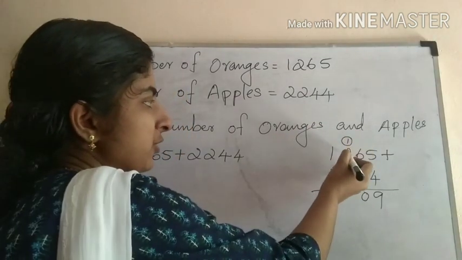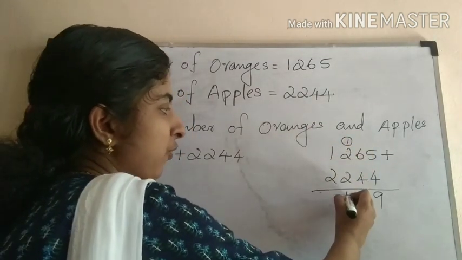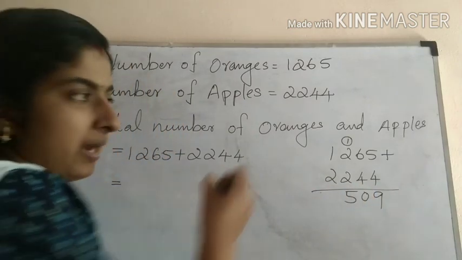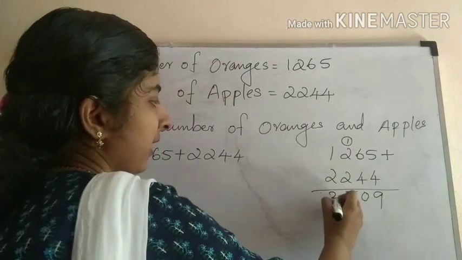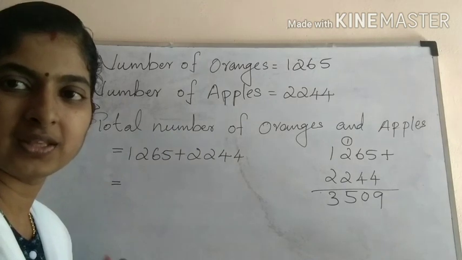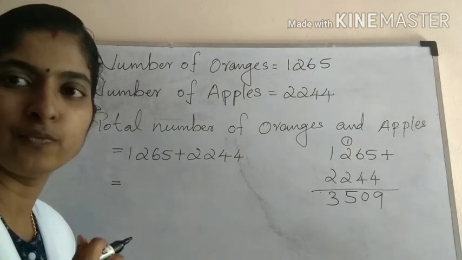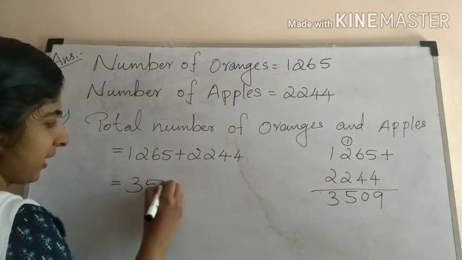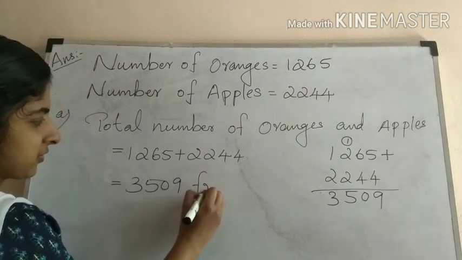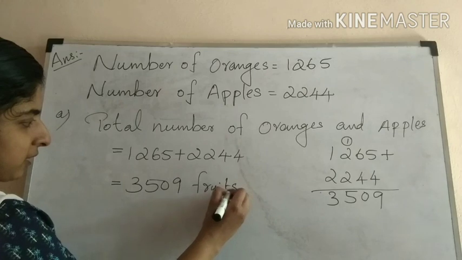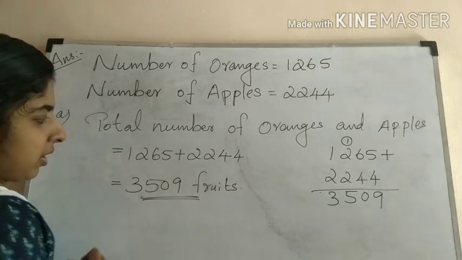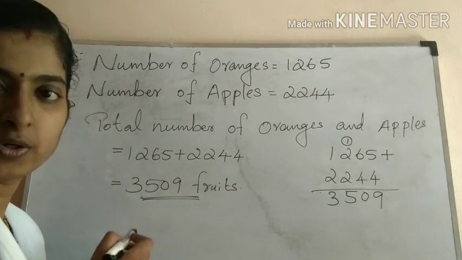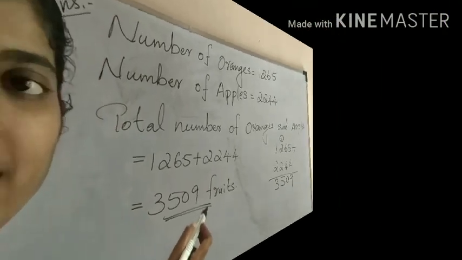Then 1 plus 2 is 3, plus 2 is 5. Then 1 plus 2, 3. What is the answer? 3509 fruits. Total number of fruits is equal to 3509 fruits.